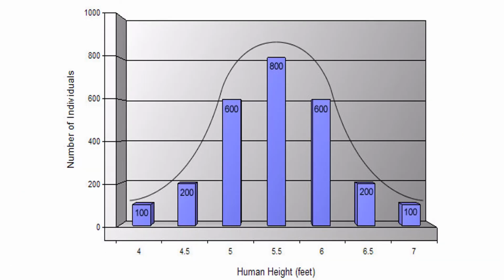A polygenic characteristic is a result of the cumulative effect of a few interacting genes. Many of these discrete phenotypes can be combined together to form continuous variation. The continuous variation is a graph with a normal distribution like this, with both extremes side by side and the intermediate characteristic in the middle.